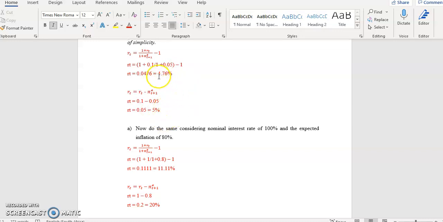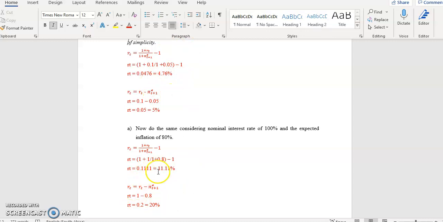So the approximated real interest rate is close enough to the real interest rate. What we see here is that when nominal interest rates and inflation rates are low, our approximated interest rate is close enough to the real interest rate.